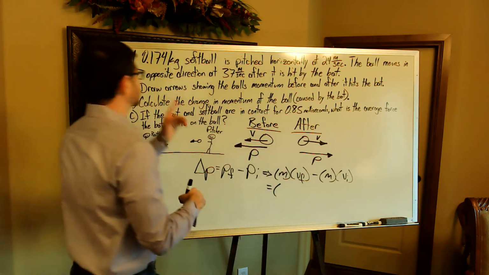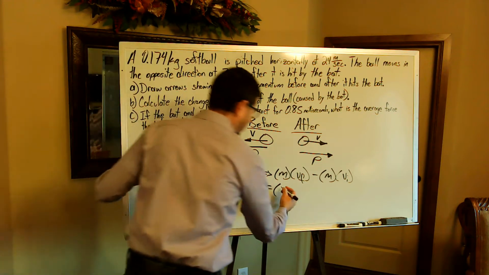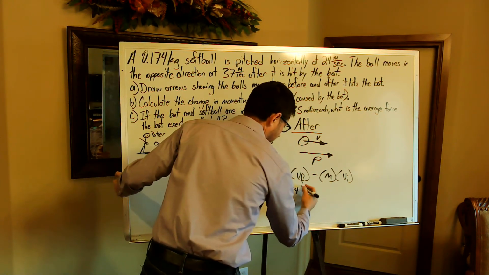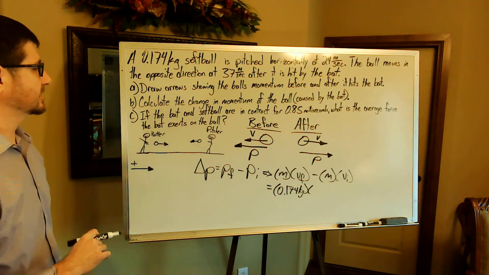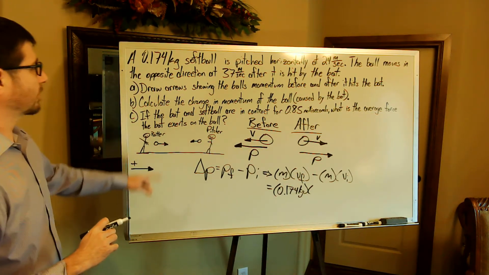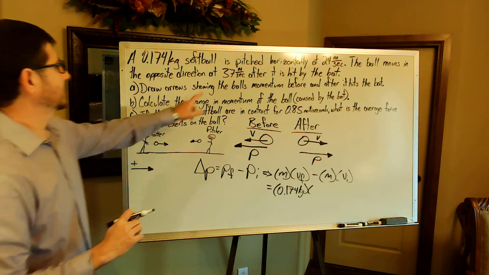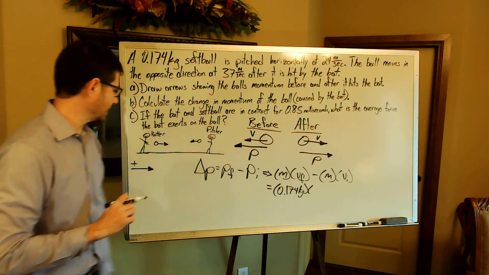Our mass is 0.174 kilograms. We're going to multiply this by the final velocity of the ball, which is 37 meters per second.